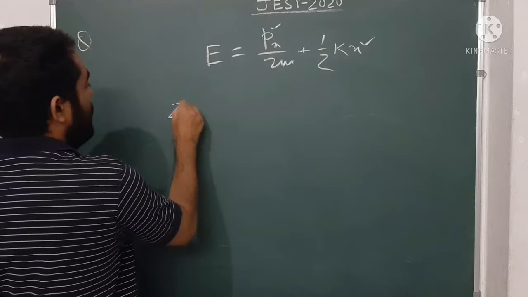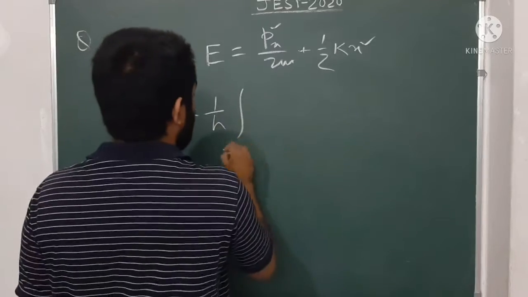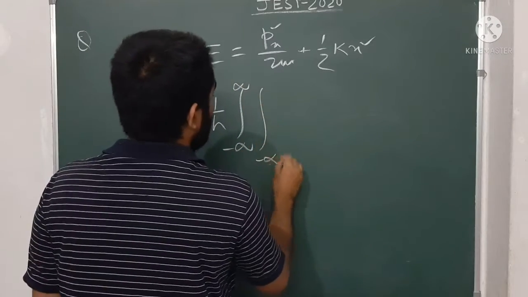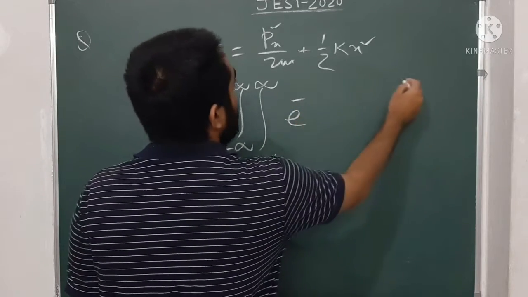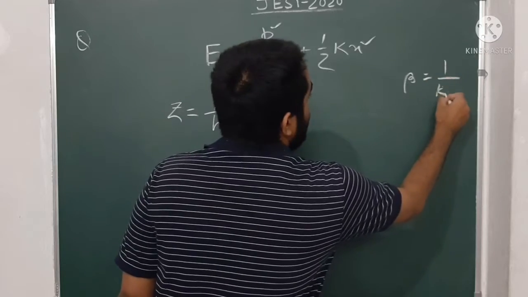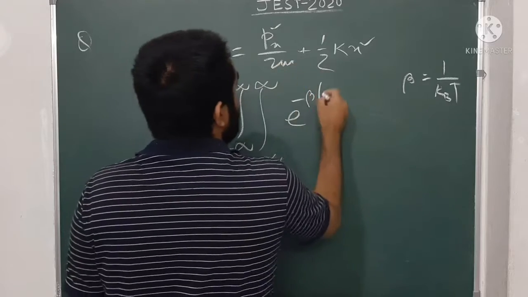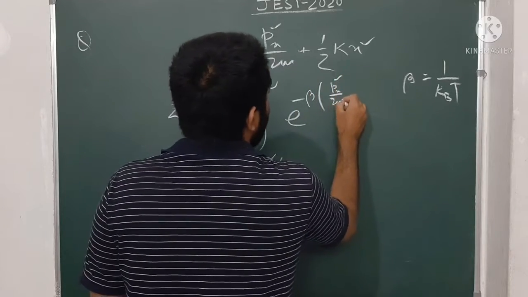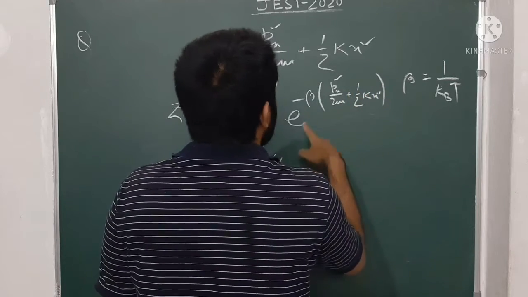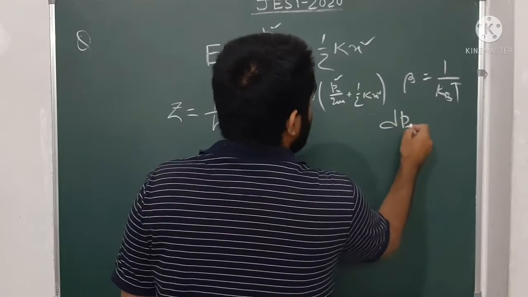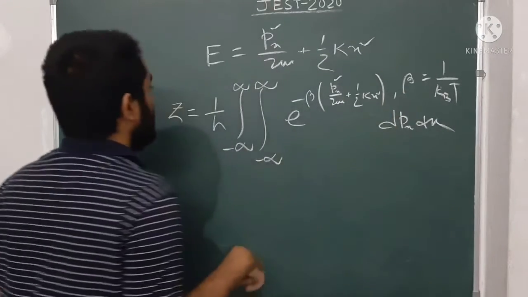Now the formula for the partition function for a continuous system in 1D is 1 by h double integration e to the power minus beta E, where beta means 1 by kB T, so beta times Px square by 2m plus half K x square, dPx dx. Okay, so we have to solve this equation.